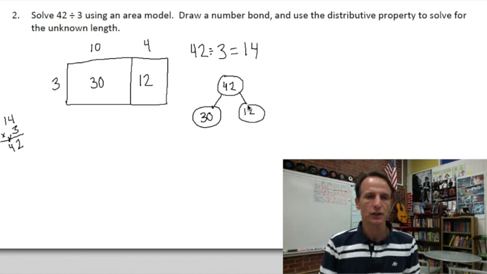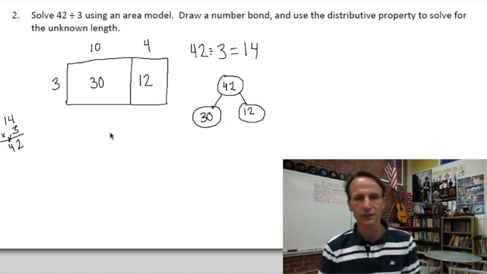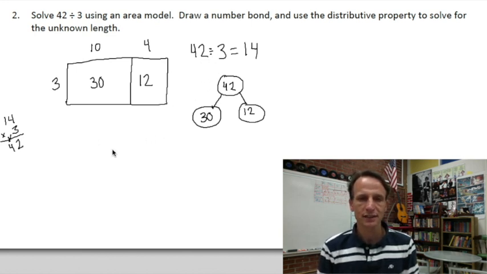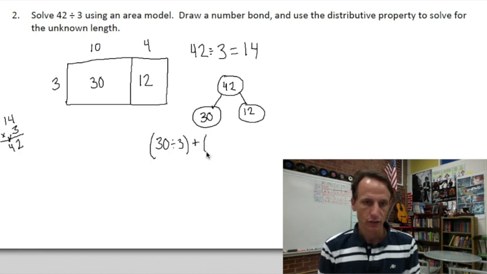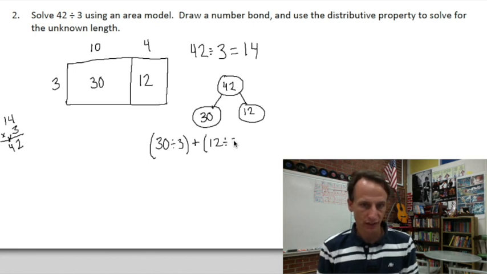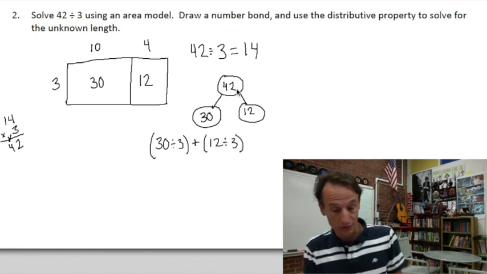And now to use our distributive property to solve for the unknown length, we took this 42 divided by 3 and thought of it as 30 divided by 3, in parentheses because I need to do that first, and then add that to, also in parentheses, 12 divided by 3. I distributed, that's why it's called the distributive property.